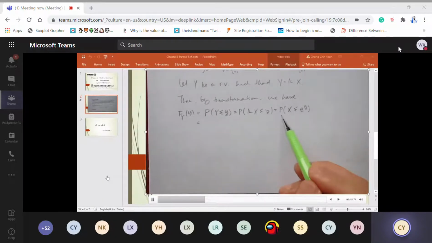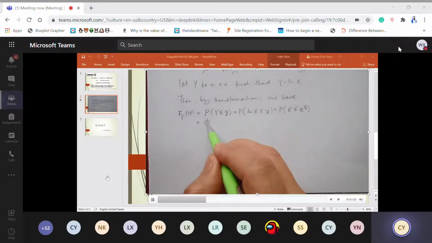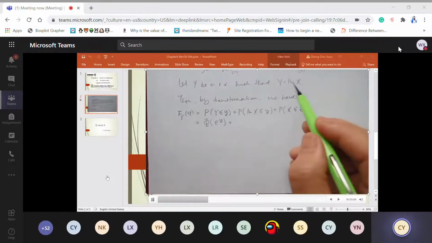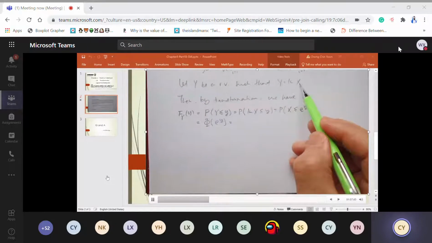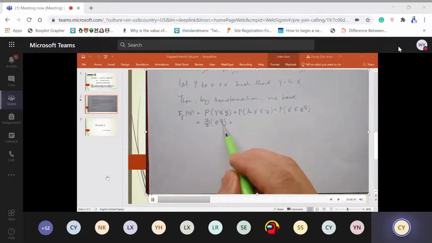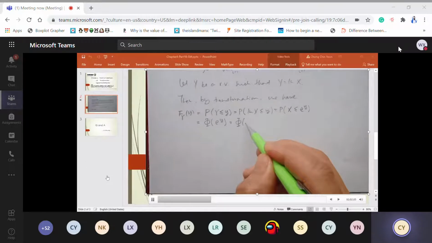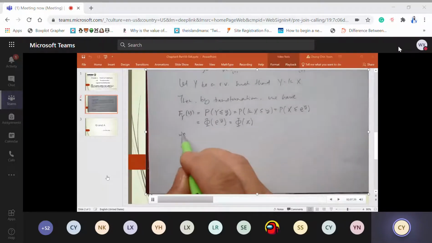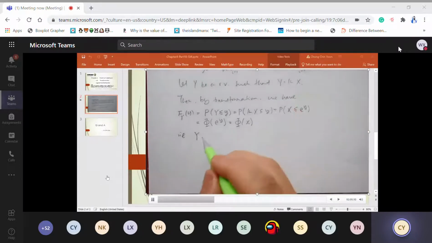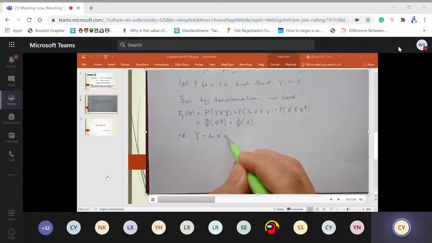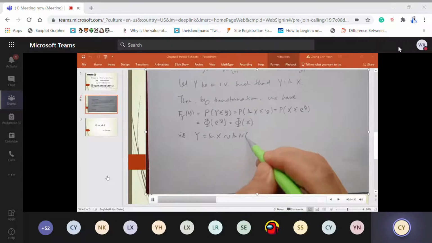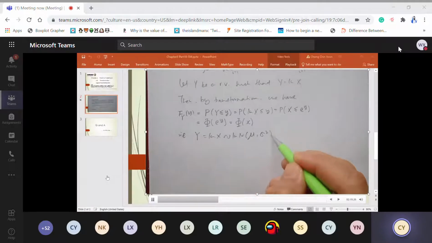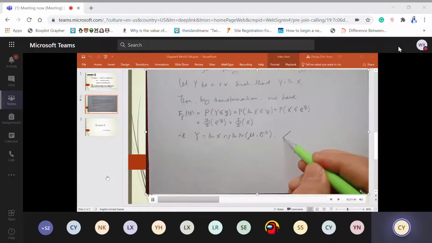Obviously, this is a standard normal CDF at e to the power of y. Since y is equal to log x, e to the power of y is equal to x. So in other words, y equal to log x is log normal distributed with the same parameters mu and sigma square. So we complete the proof.